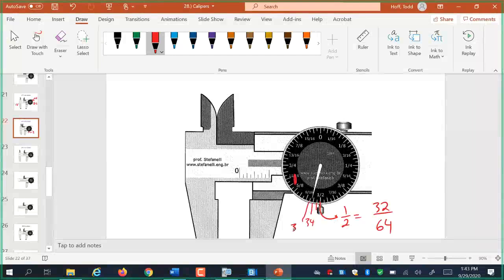Which are we closer to, the 34 or the 35? That's another tough one. It looks like we're pretty close to right in the middle. I'd maybe say slightly closer to the 34. So 34 64ths, of course that reduces by 2 to give us 17 32nds of an inch.